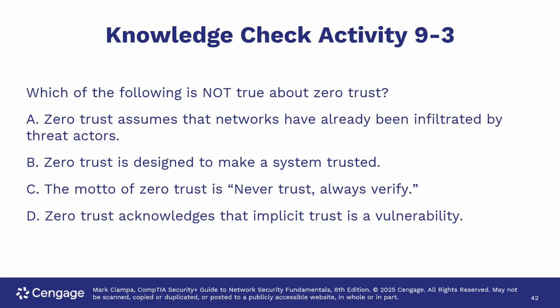B: Zero trust is designed to make a system trusted. C: The motto of zero trust is never trust, always verify. D: Zero trust acknowledges that implicit trust is a vulnerability. Now we want a statement that's false, not one that's true. So it looks like C and D are true, so they aren't what we want. It's either going to be A or B.